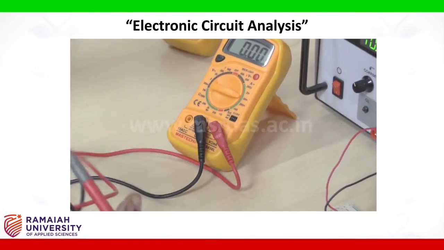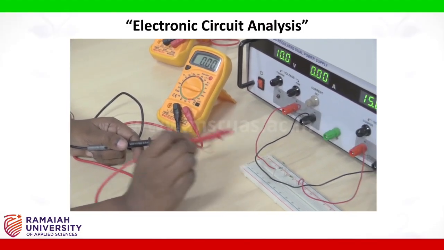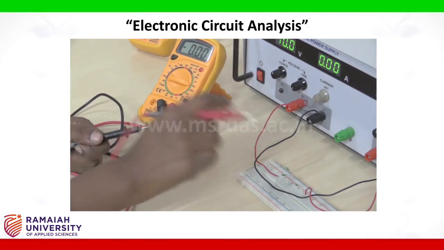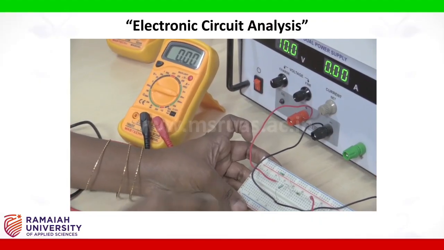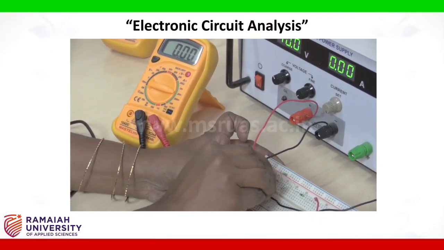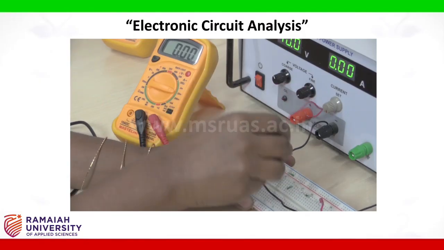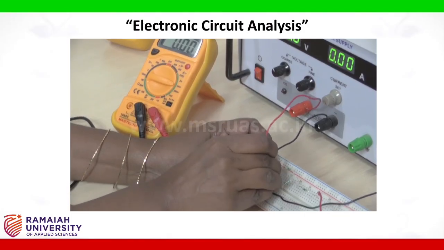Now let us measure currents in all the three resistors. Let us measure current in first resistor. Remove the wire. Put it in nearby hole.